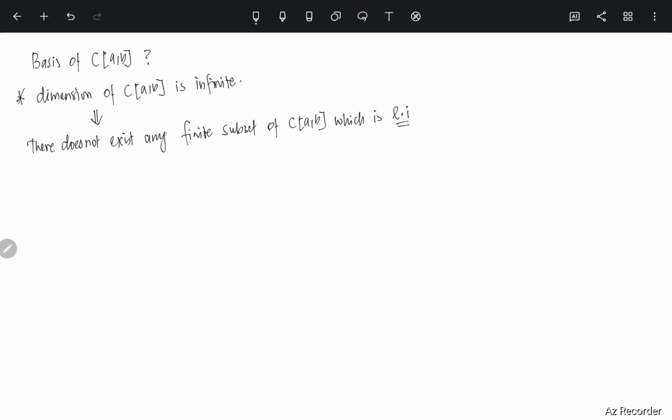Let's just call it LI, linearly independent. This is how I'm going to write in this course, because it saves time and I don't want to write so much. So LI.